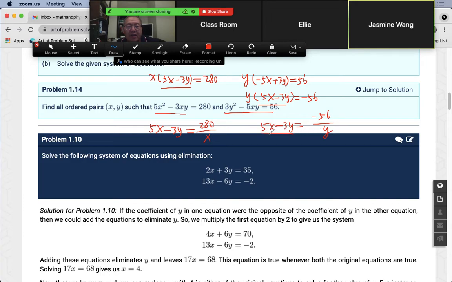So then they both equal 5x minus 3y, so that means these two should be equal. Let me write here. Now we get 280 over x equals negative 56 over y. Right? We can get this.